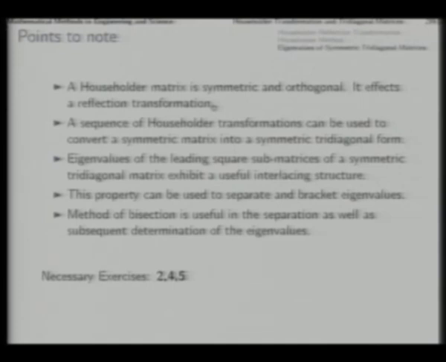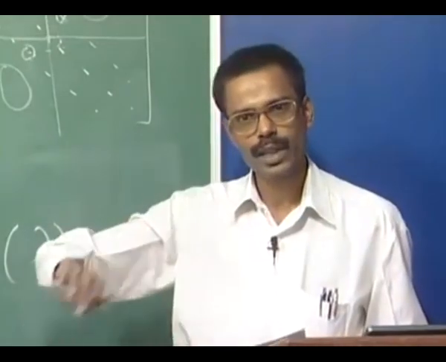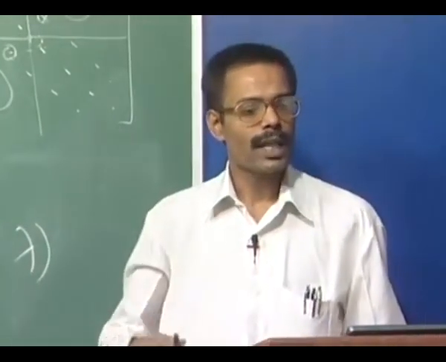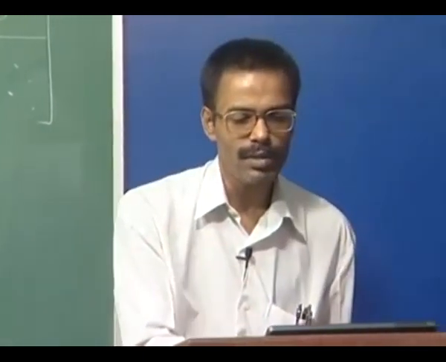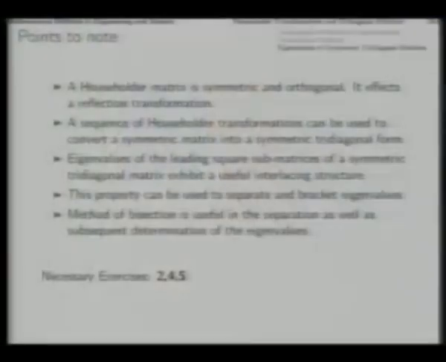Second is, a sequence of Householder transformations can be used to convert a given symmetric matrix into symmetric tridiagonal form, and then the eigenvalues of the leading square submatrices form a Sturmian sequence which have interlacing structure in their roots, and this property can be used to separate and bracket eigenvalues, okay, and further solve in a systematic manner.